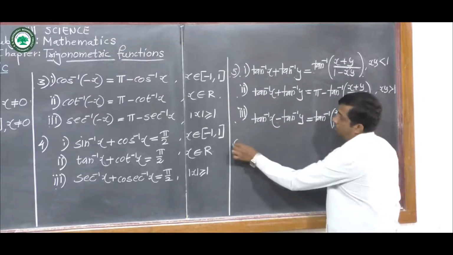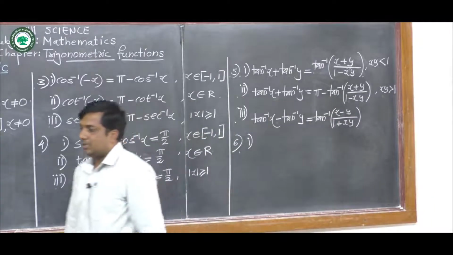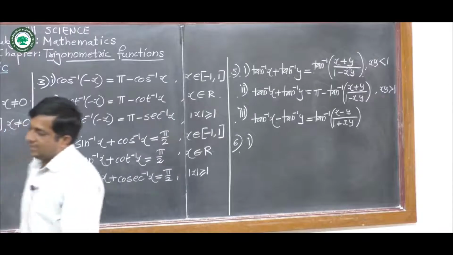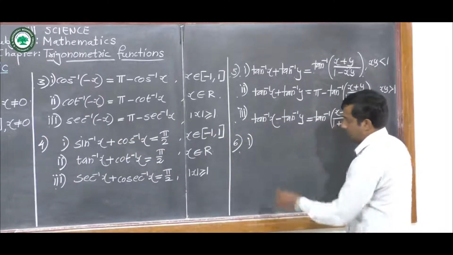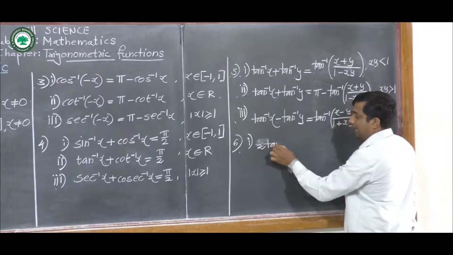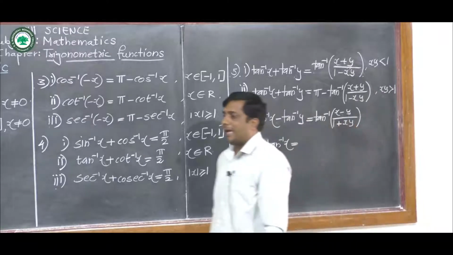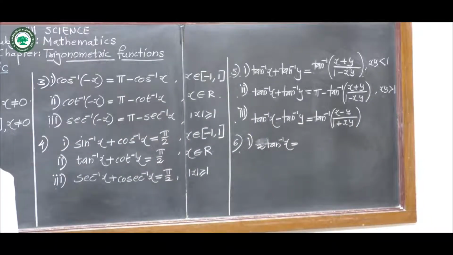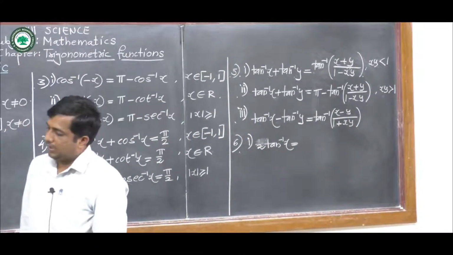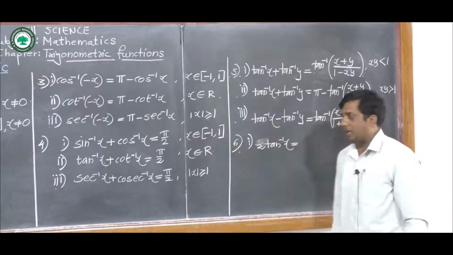So now we go with our sixth property. In the sixth, given 2 into tan inverse of x, I write it in the form of the trigonometric function sine inverse.